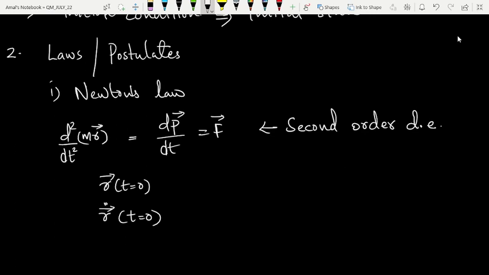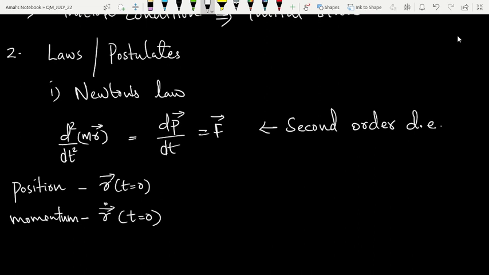So this is why we need position and velocity, or position and momentum. So that's why the representation in phase space is needed, because the law that predicts the motion is a second order differential equation.